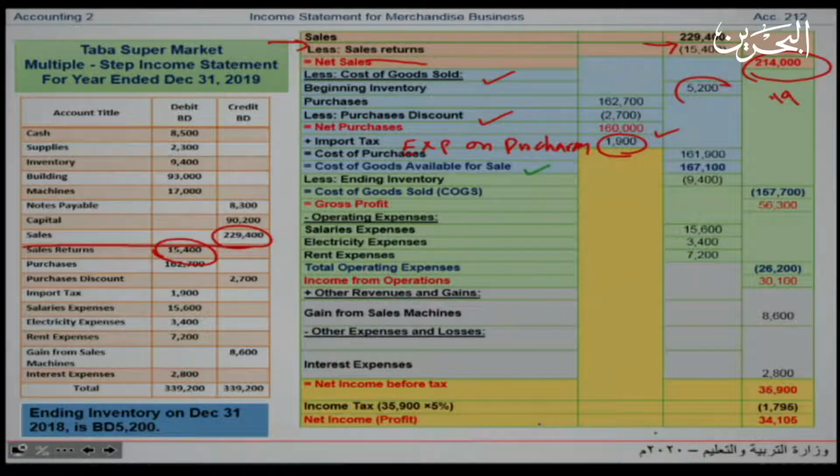If I want to get the cost of goods available for sale, I should take the opening inventory and add it to the cost of purchases. Then I will get the cost of goods available for sale. After we get the cost of goods available for sale with a figure of 176,100, I will subtract from it.